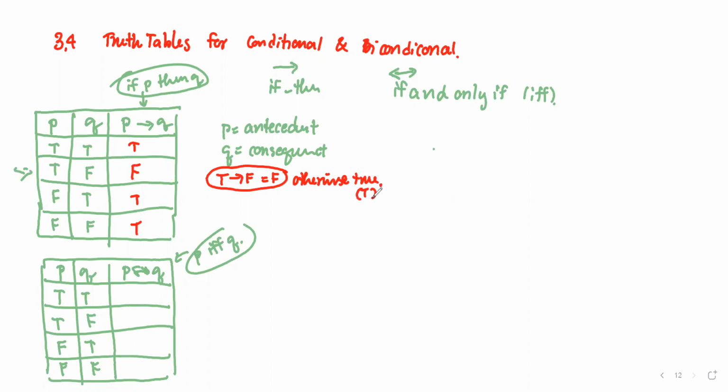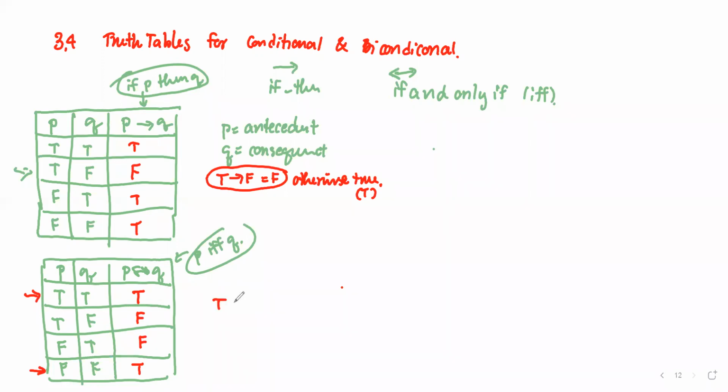Okay, for if and only if, as long as the left and the right side of the two-head arrow have exactly the same truth value, the result gonna be true. So for the table, we have 2 cases that both of them have the same truth value. Both of them true, the result gonna be true. Both of them false, the result gonna be true. They have to match. If they don't match, the result gonna be false.